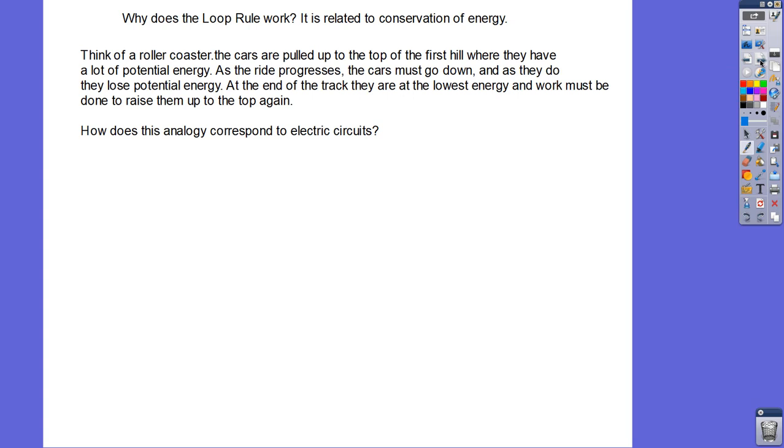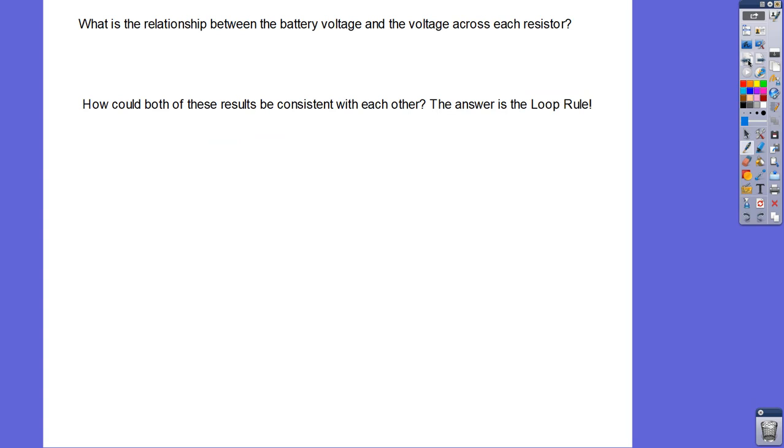All right, so the loop rule. Let me just say what the loop rule is.